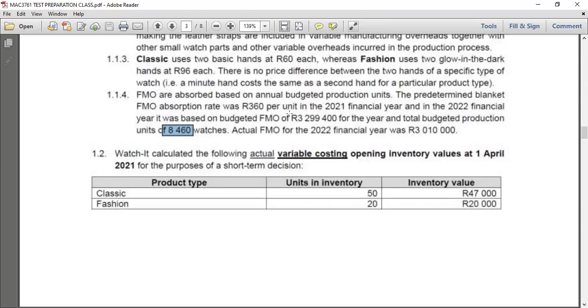So that's why when we are determining our absorption rates, we use budgeted data. We'd use our budgeted total overheads and our budgeted number of units to calculate our overhead absorption rate.